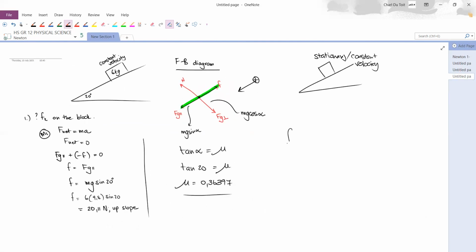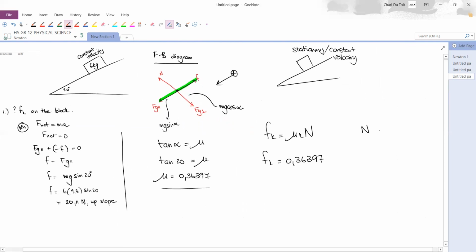And then I can use this other formula: the kinetic friction is the coefficient times N. So the kinetic friction is 0.36397 times the normal force, which equals the Fg perpendicular force, m times g times cos alpha.